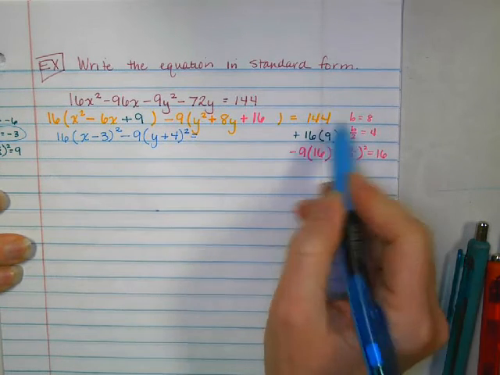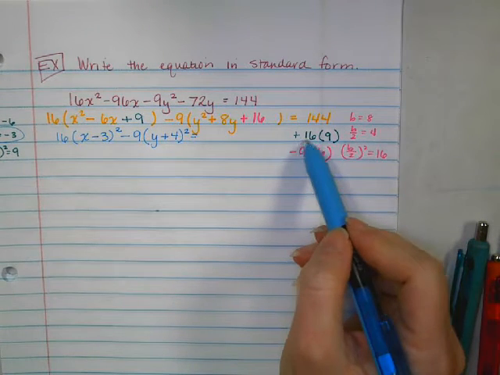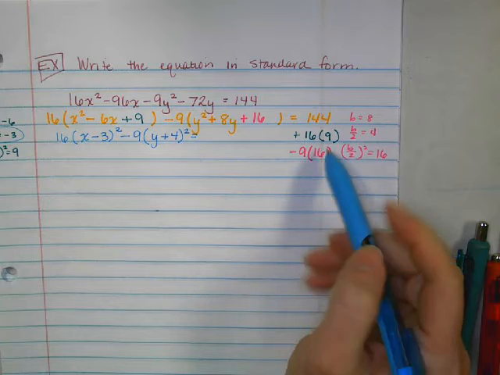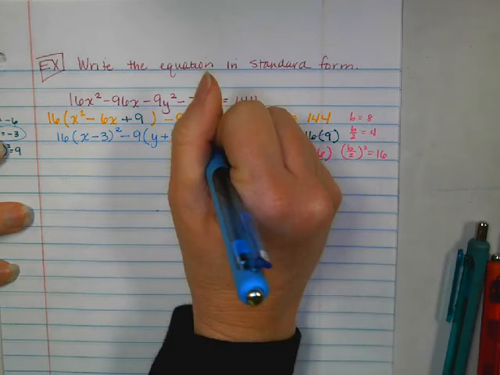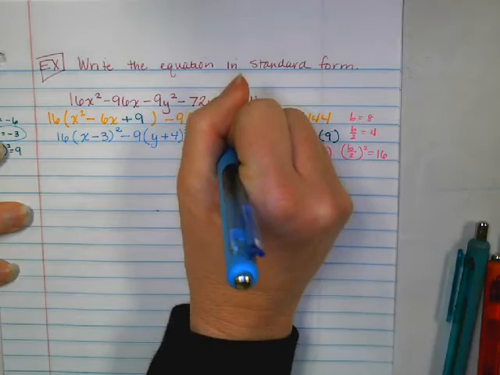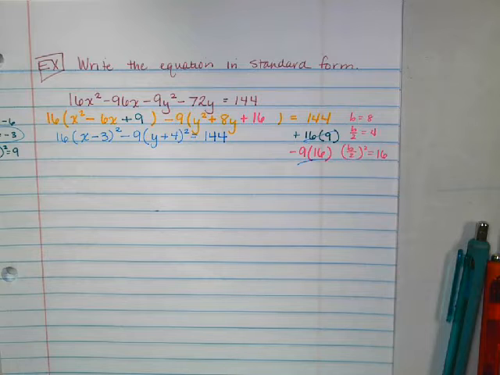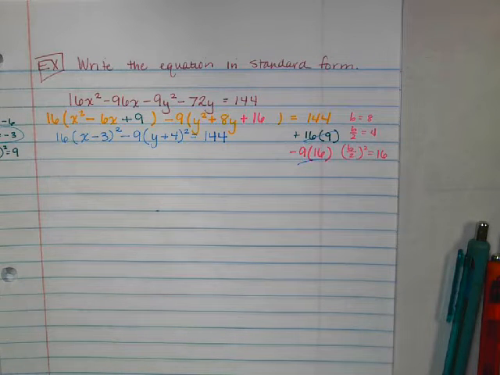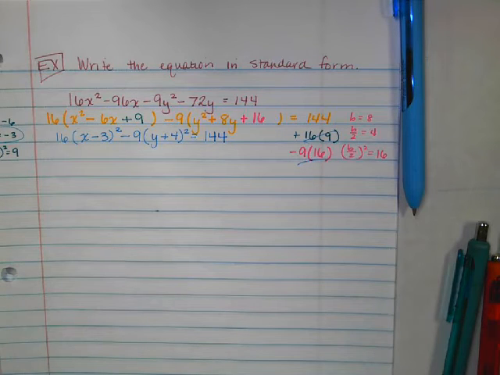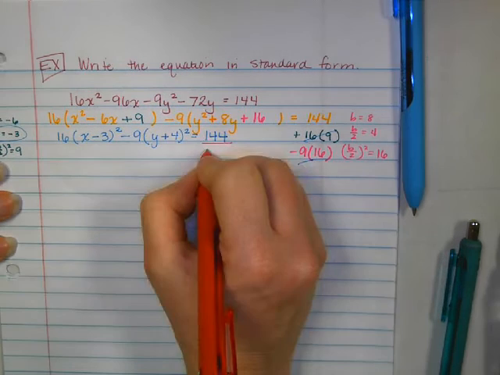And you add all this together, but like you guys said, 16 and 9 and negative 16 and 9 cancel each other out and leave just 144 over there. We just did all that work and it still doesn't equal 1. Now what? Divide by 144.